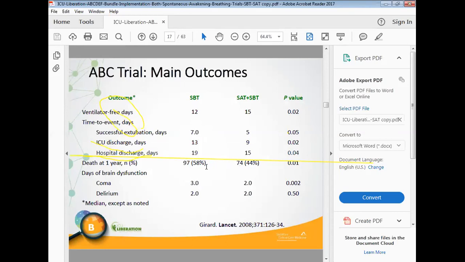Mortality was reduced from 58 to 44%. Patients were in coma less often. Patients who had delirium was about the same. Death at 1 year was reduced by 14%. So by doing this, reducing sedation, stopping sedation, and awakening trial, we were able to reduce mortality and many, many other outcomes.